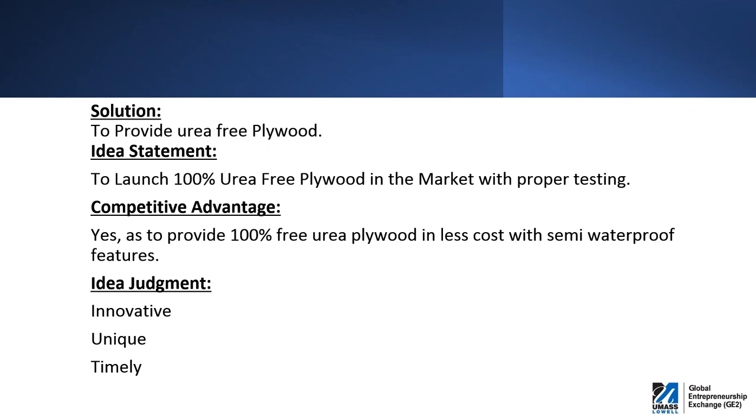Idea judgment: we are innovative, unique, and timely. Yes, we will give timely products so that the furniture customers make will last 3 to 4 years. It will be innovative, as we are giving it at less cost and high quality, and it will be unique, as you will get waterproof plywood plus urea free plus chemical free plywood at very low cost.